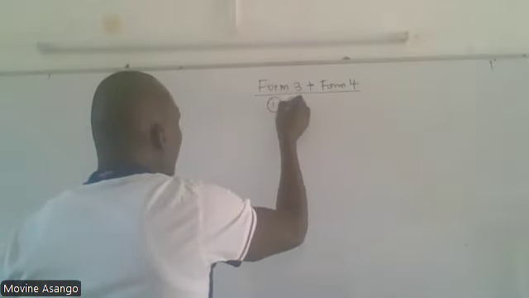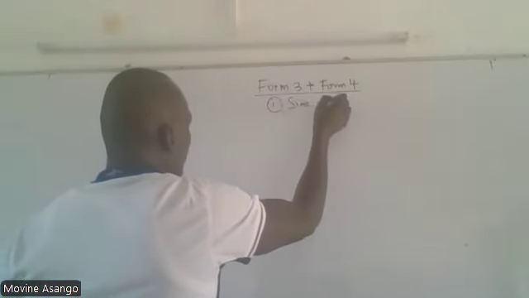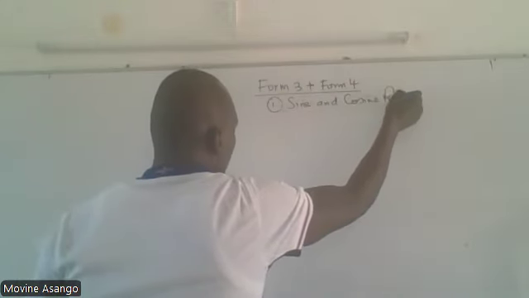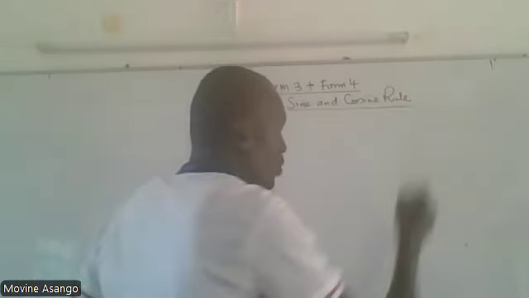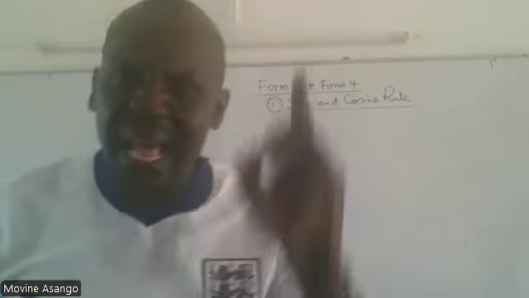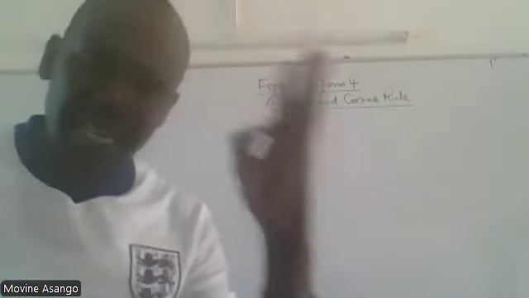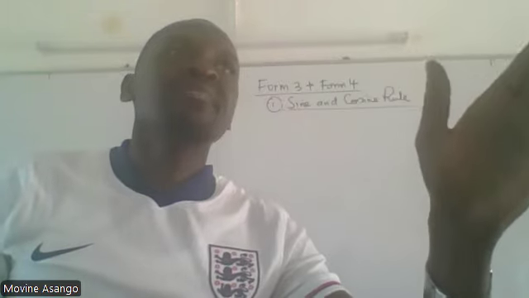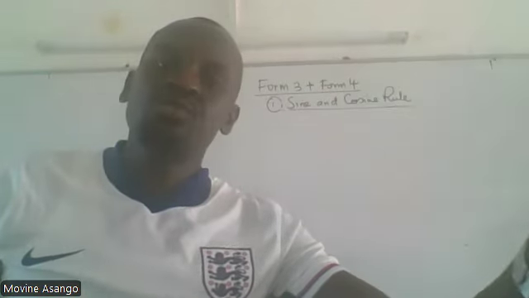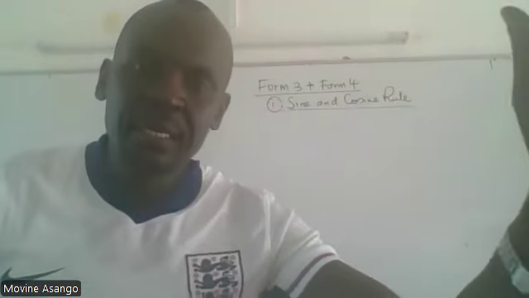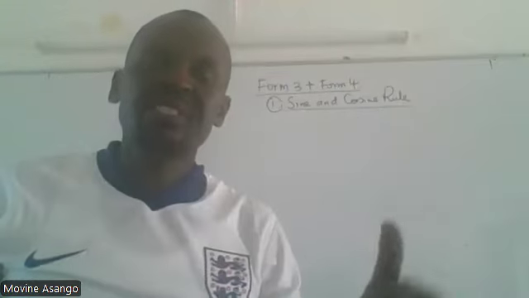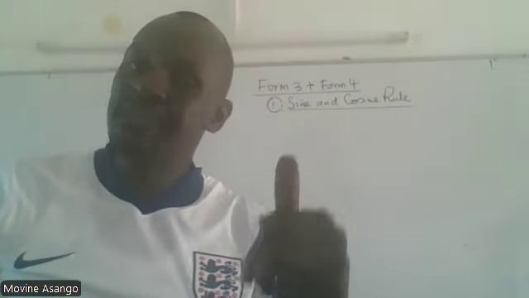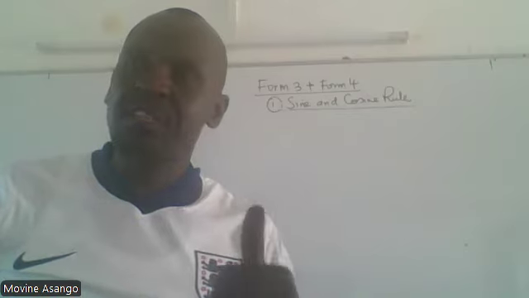One is sine and cosine rule. Pay attention to the last instruction. For example, find correct to 2 decimal places, part A, part B, part C, which means the final answers in all those parts will be to 2 decimal places. Sine and cosine rule.